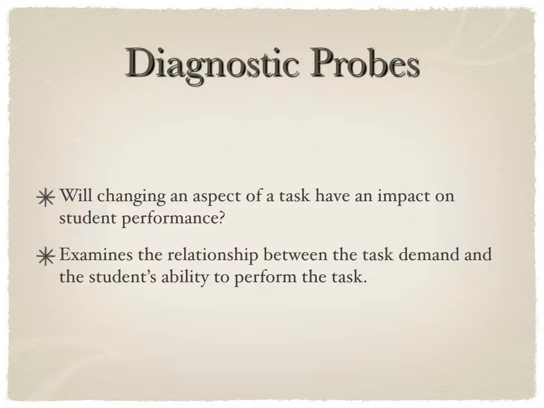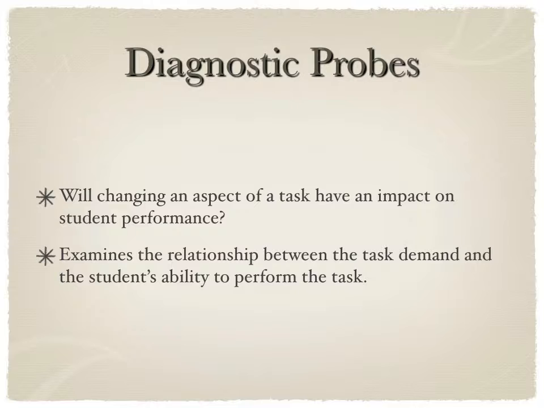So diagnostic probing is one way that we can systematically rule different things out or make changes to the environment or to the nature of a task demand to determine if that has a positive or negative impact on the child's achievement. So we want to see if we can change a relation, or if we can change a feature of the task demand, and if that will affect the student's ability to perform the task.